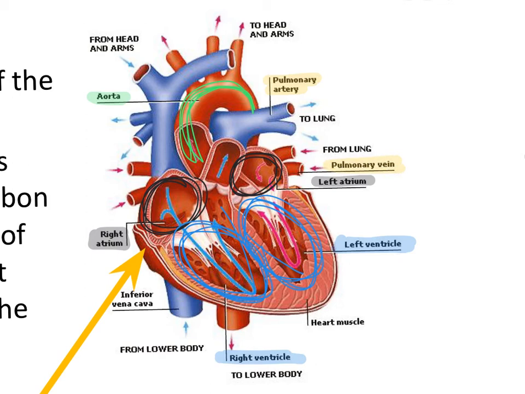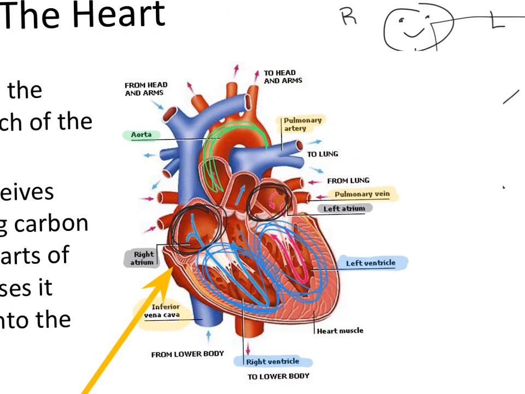And finally, we have the inferior and, oh, gotta zoom out. Where is it? Well, it got cut out, but superior vena cava. Okay, so those are the parts of the heart that you're going to need to know. I'm going to then show you how blood flows through the heart.